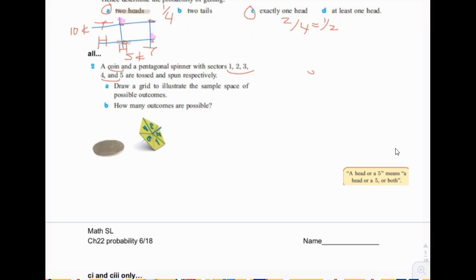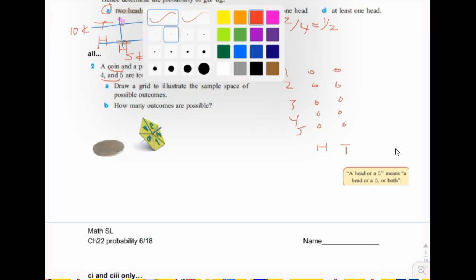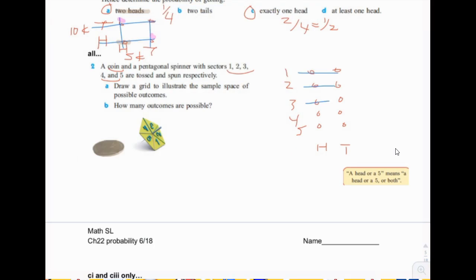So we're going to have 1, 2, 3, 4, 5, 1, 2, 3, 4, 5. The width here is the coin. It's going to be heads or tails on the coin, and then the spinner is going to be 1, 2, 3, 4, 5, and then we'll draw the grid here. Looks kind of like that. So we have drawn the grid.